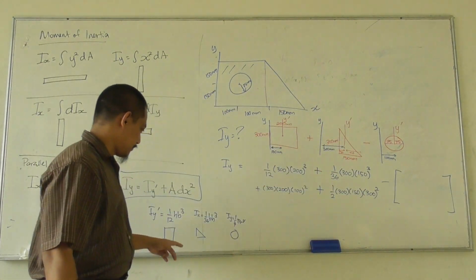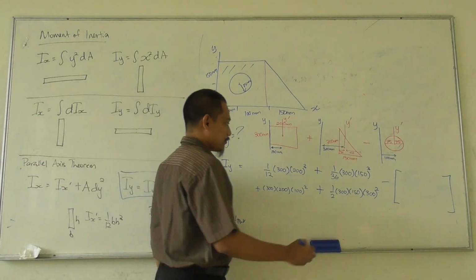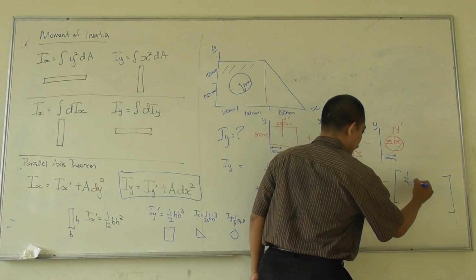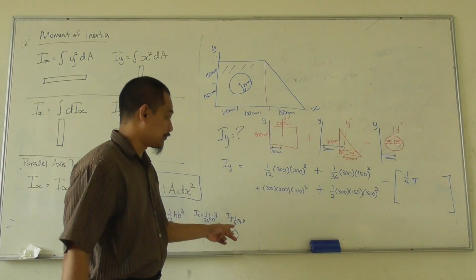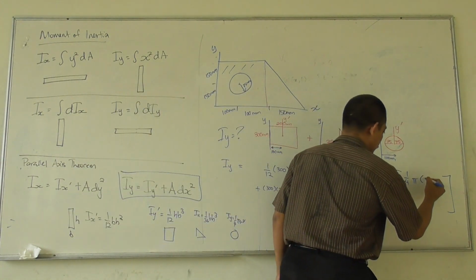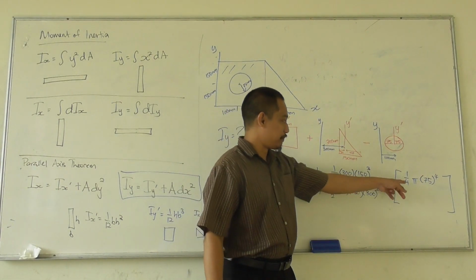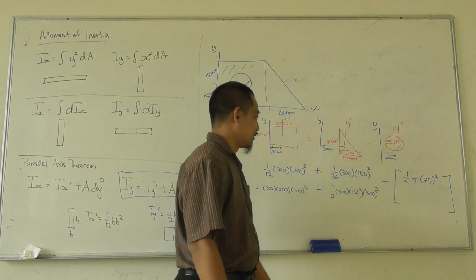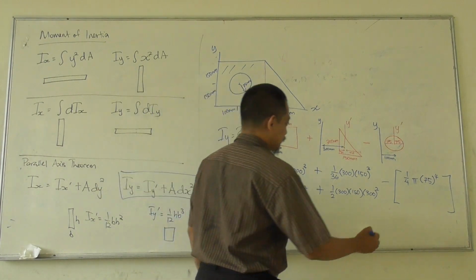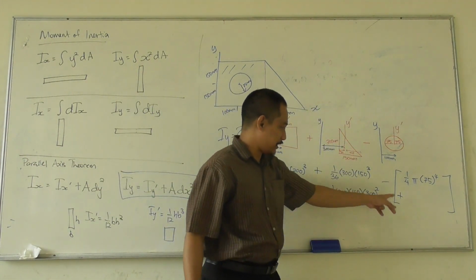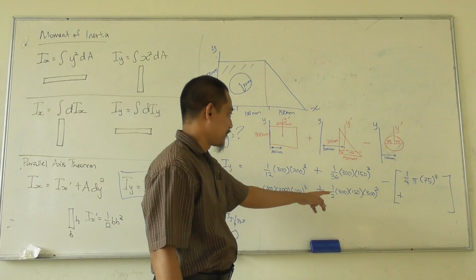So Iy prime for the circle is 1 over 4 pi r to the power 4, where r is 75, so 75 to the power of 4, and then plus, so inside here plus, but we will have the minus there after that, right?